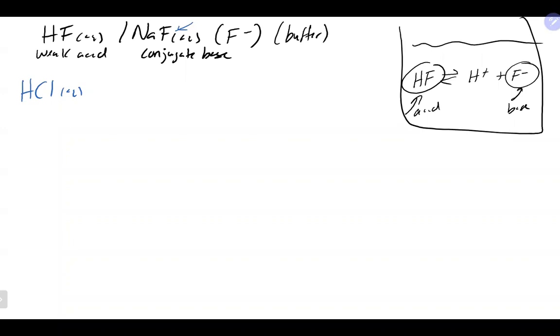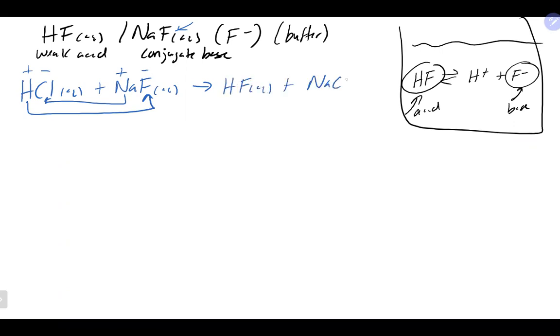When we add hydrochloric acid, the sodium fluoride will react with it in a double displacement reaction. That's a positive and a negative, guys, so we're going to switch partners. And the result is we will make HF and sodium chloride.